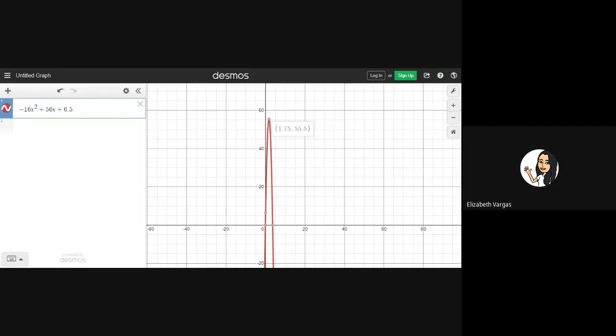My x is 1.75, and my maximum height is 55.5. So this might be easier for some of you, but in order to do this, you would have to use a graphing calculator, but basically doing the process that we just did would give you the same exact answer.